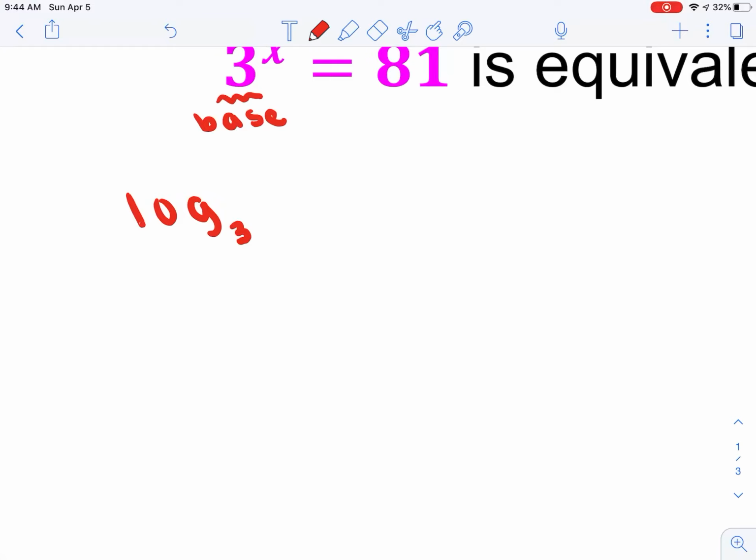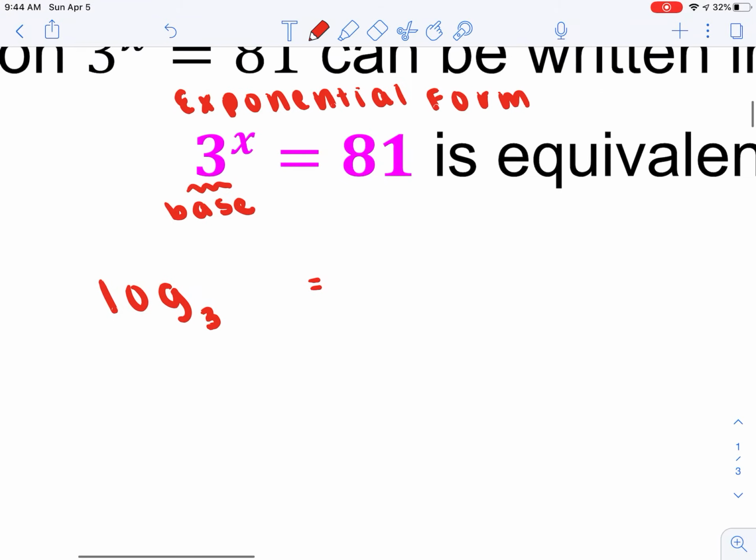So you're basically going to write this word log with a little subscript, and that subscript will be 3. Now, you're going to put the equal sign, and on the other side of the equal sign, you are going to put the exponent from the exponential form, which in this case was the x. To the right of the log with the base of 3, you're going to put this value 81.